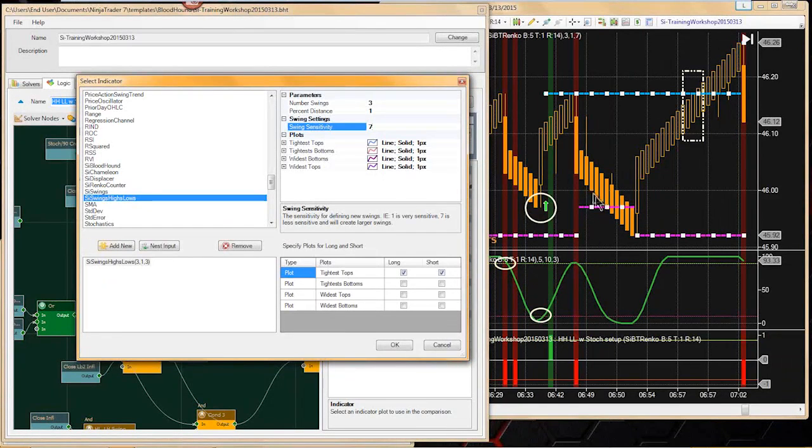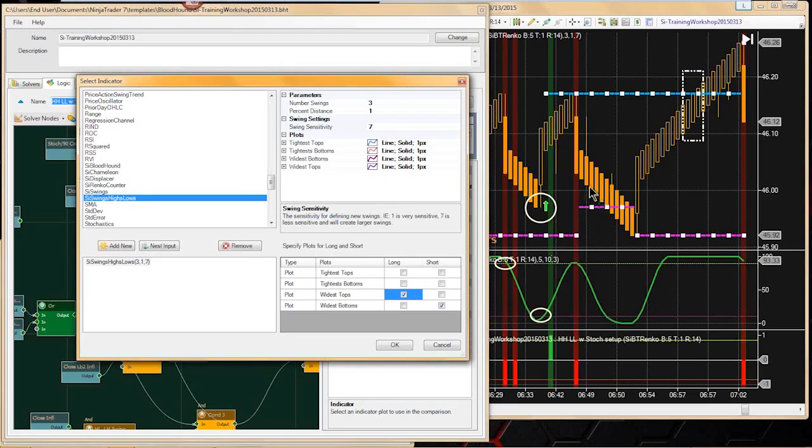So when price crosses below the widest bottom, we'll generate a short signal. Yeah, that's going to work.